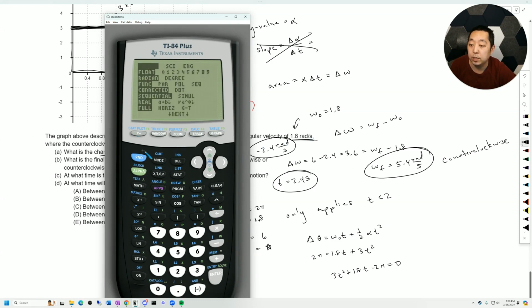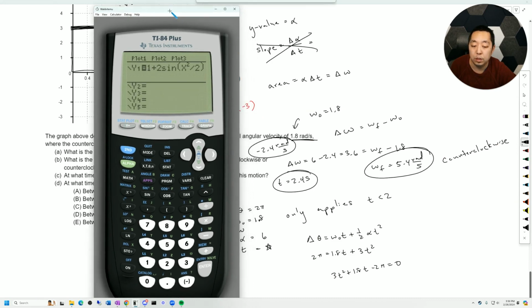Let's make sure we are in radian mode. Oh, it doesn't matter because we're not doing any trig here. So 3x squared plus 1.8x minus 2 times pi, and I want to know when this is 0. So I'm going to graph this. Oh, look, that occurs right around there.